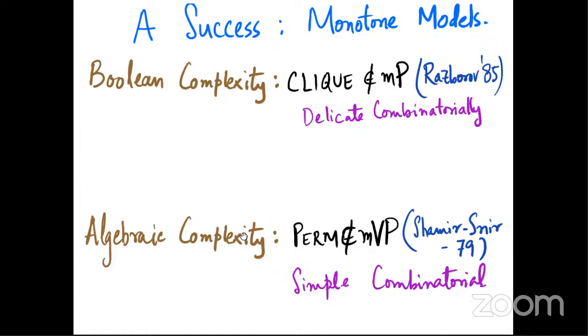It is monotone in this sense. And to prove this result, that clique is not in monotone P, so there is no efficient monotone computation of clique, took years later than the Shamir-Snir result, and it's way more delicate combinatorially, reinforcing this intuition that one has, that when you try to prove results on Boolean complexity, they are much more difficult to come by.